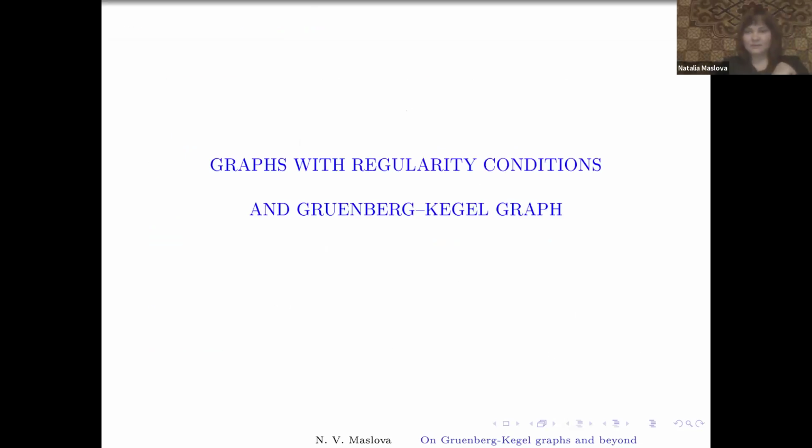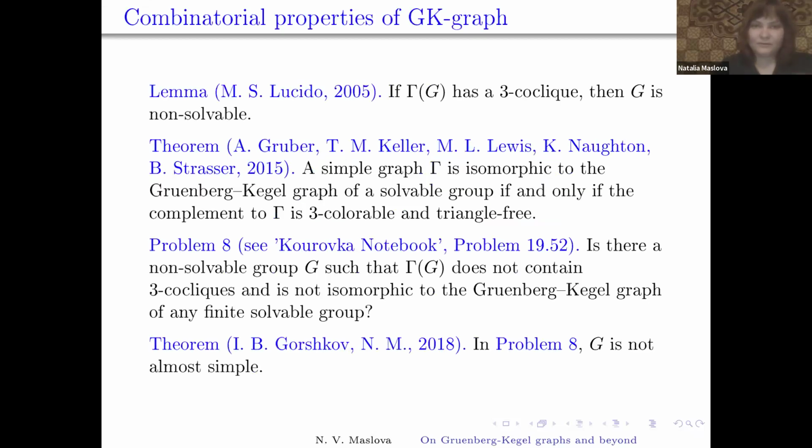Let us tell a few words about combinatorial properties of Gruenberg-Kegel graphs of finite groups. Due to the result by Maria Silva Lucido, if the Gruenberg-Kegel graph of a finite group has an independent clique, then the group is non-solvable.